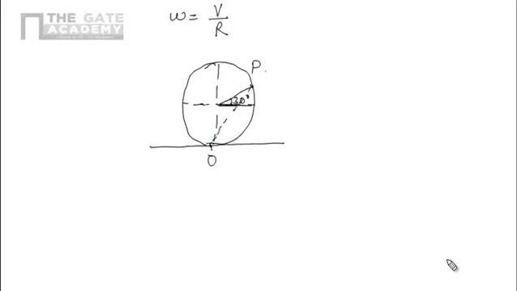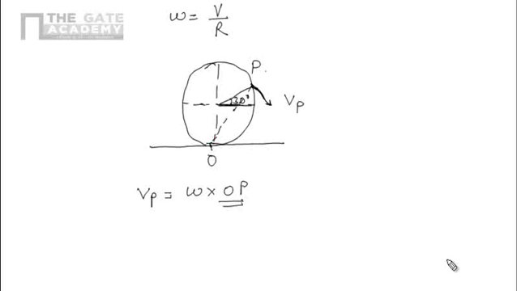This will be perpendicular to OP. So this is VP, and now we have to find out VP. It's nothing but omega into OP. Our major concern now is how to calculate OP, because omega we know, that is V by R. So we have to find the value of OP.